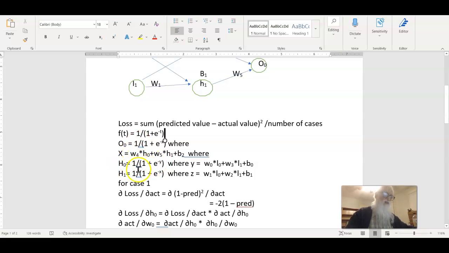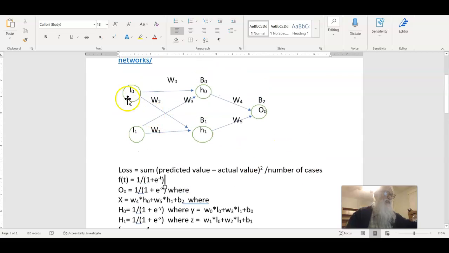Well, the H0 is done the same way. It's 1 over 1 plus e to the minus y, where y is W0 times L0 plus W3 times L1 plus B0.